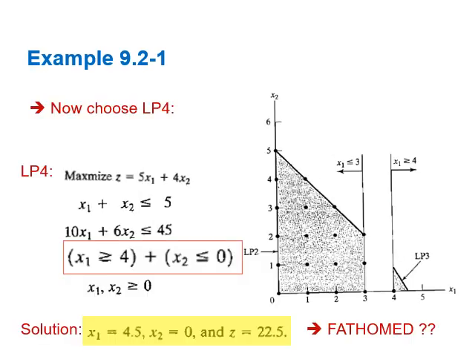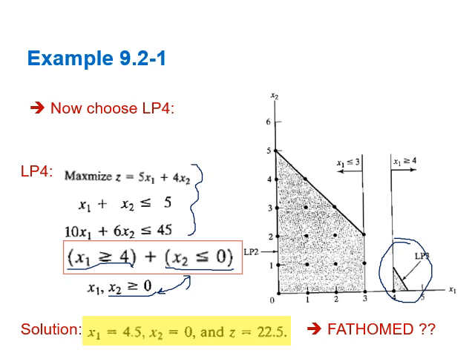Okay, now let's consider LP4. We have these original constraints. On top of it, we have x1 greater than or equal to 4, which means that we are on this triangle here. And on top of it, we say that x2 should be less than or equal to 0. But also here, we have x2 greater than or equal to 0. So when you look at these two constraints at the same time, it tells you that the value of x2 is equal to 0.